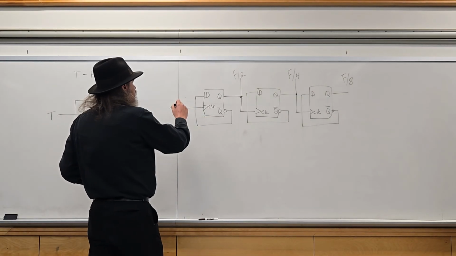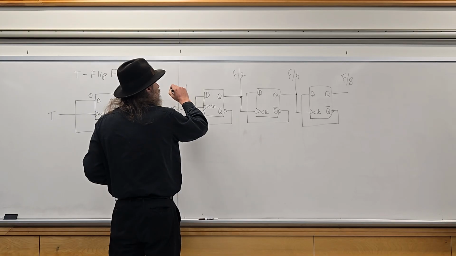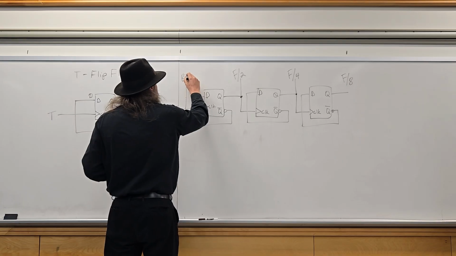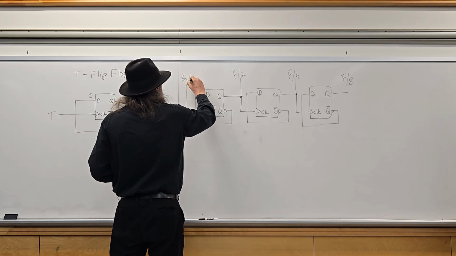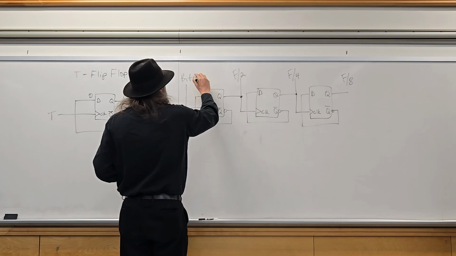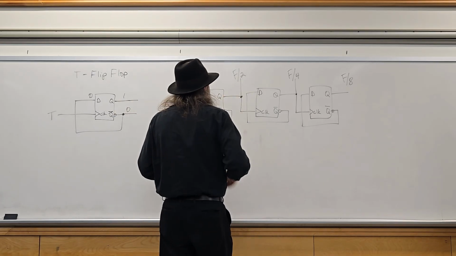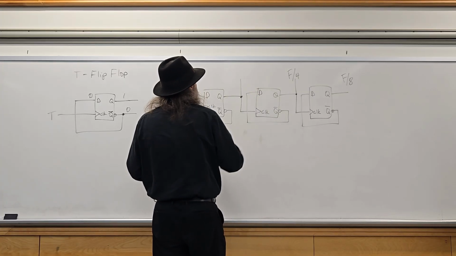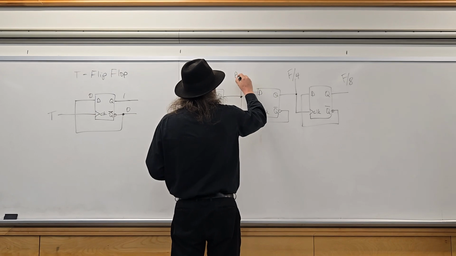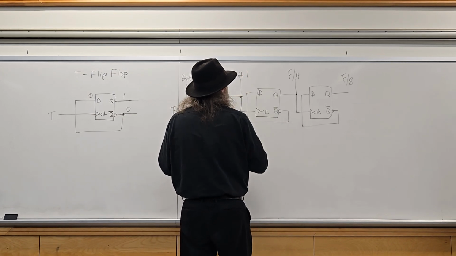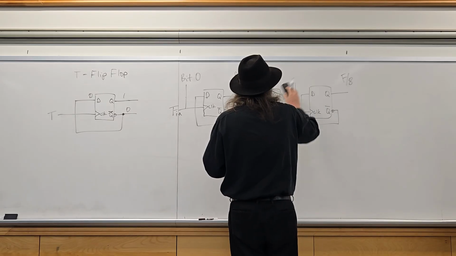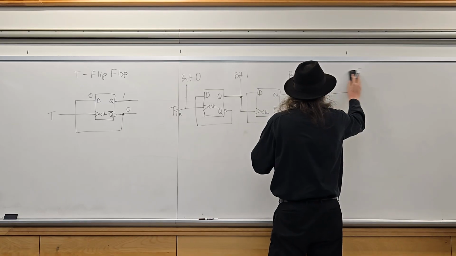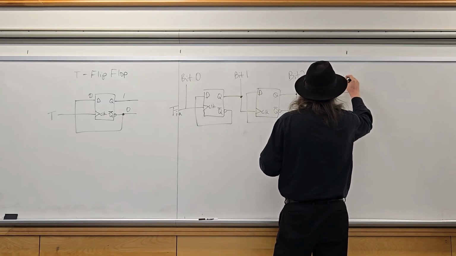So this would be your bit 0, and bit 1, bit 2, and bit 3.